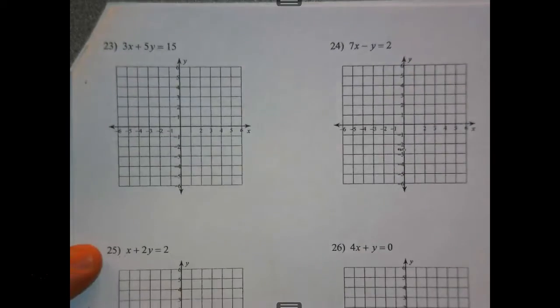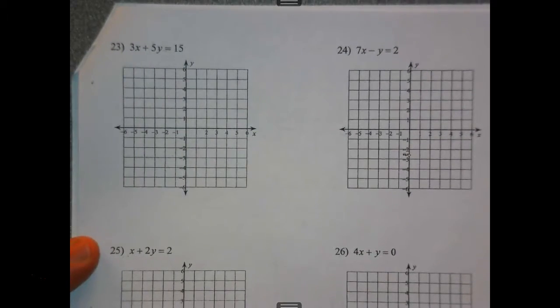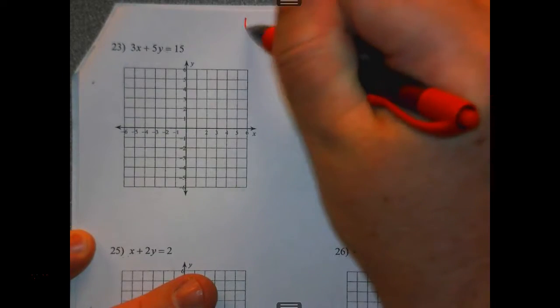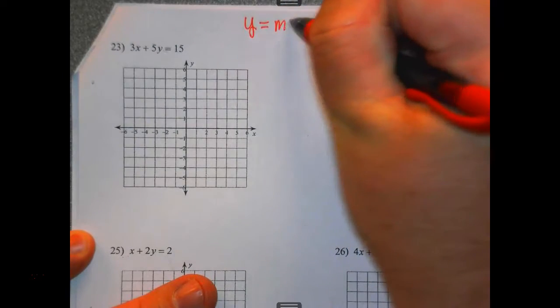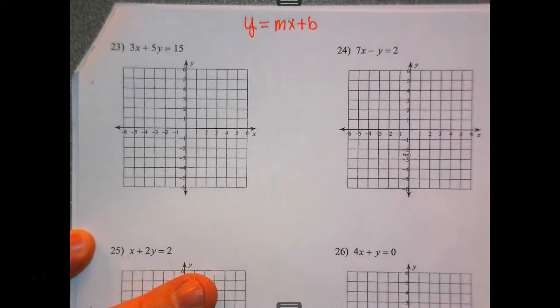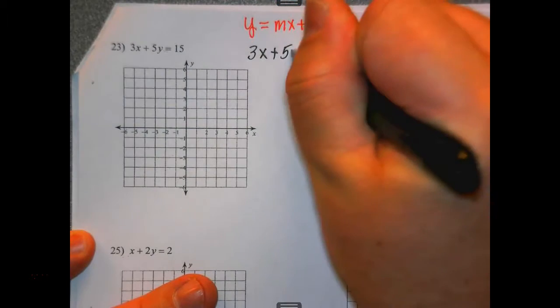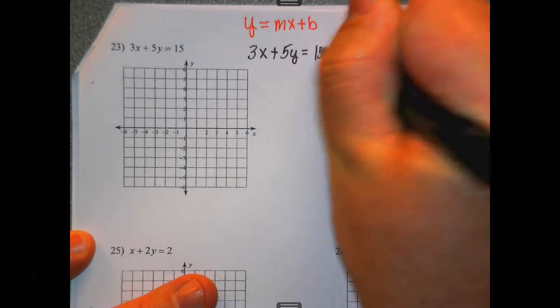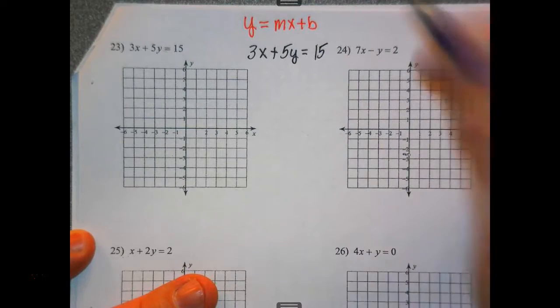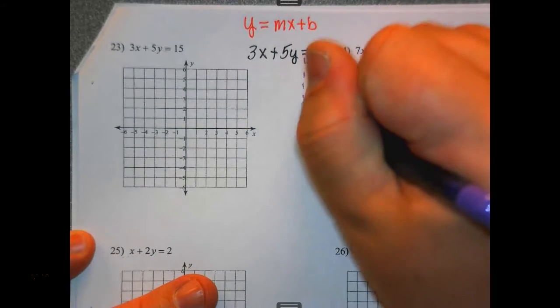Let's do number 23. Again, I have to get y by itself. 3x plus 5y equals 15. Now here's my equation.